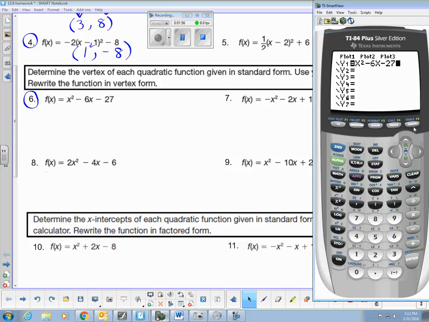So let's take a look at what this graph looks like, and let's get that in the window. To find my vertex, I'm going to calculate my minimum.